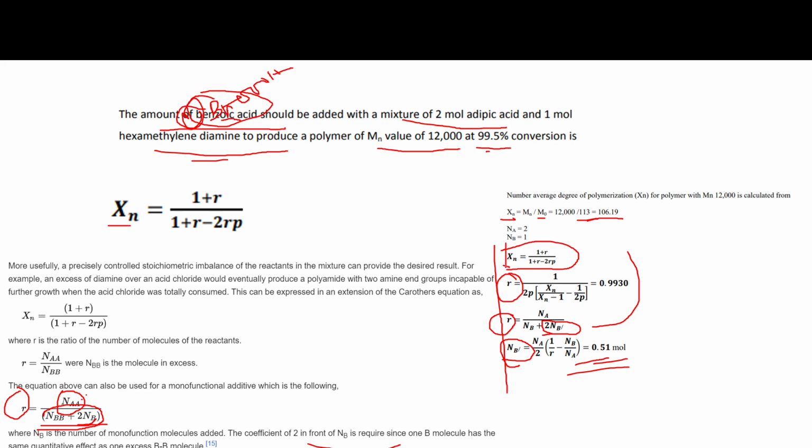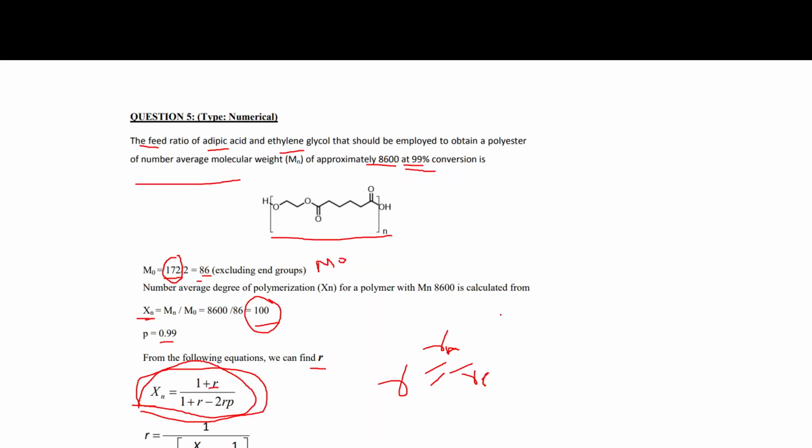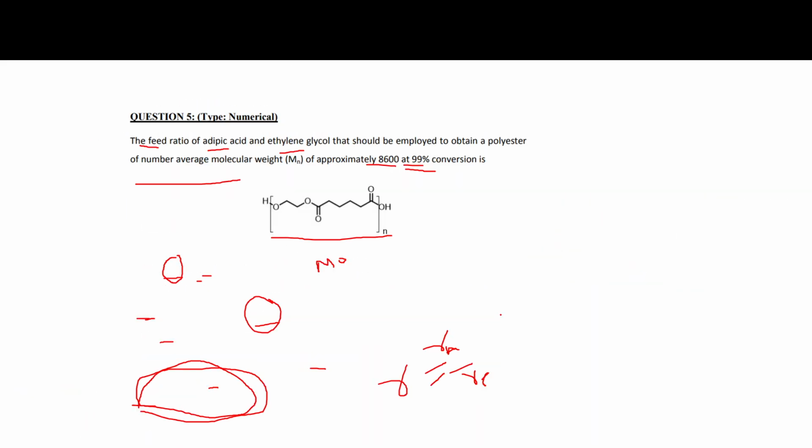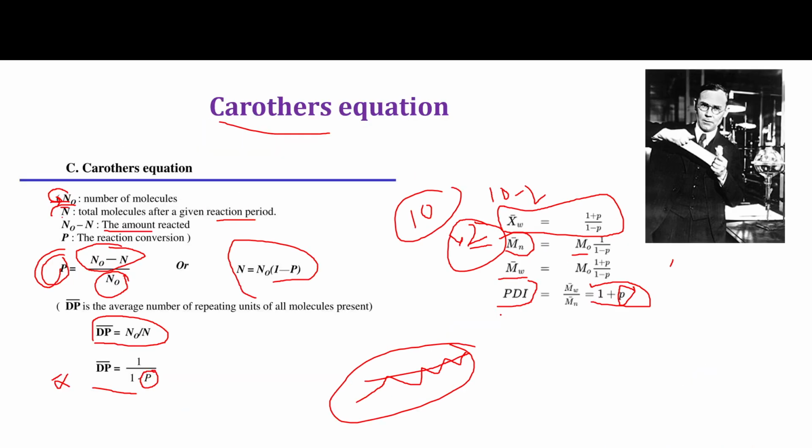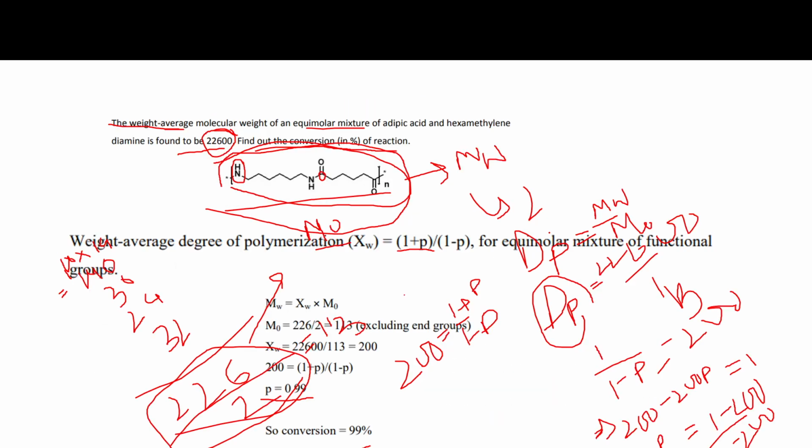One is the relation between the degree of polymerization and the reactivity ratio. One is the reactivity ratio with the monofunctional impurity. And earlier we talked about the Carothers equation, the relation between the extent of reaction and the PDI, number average molecular weight and Xw bar, all of this.